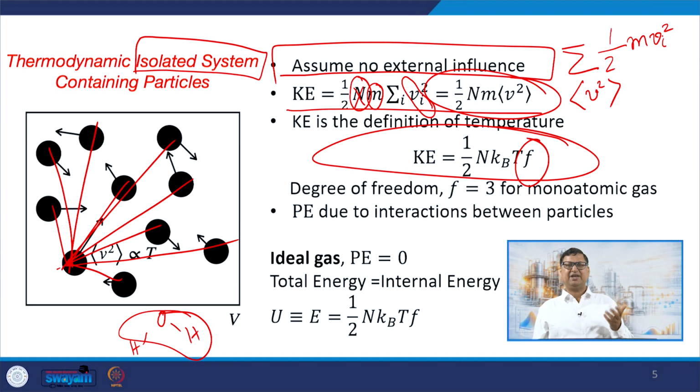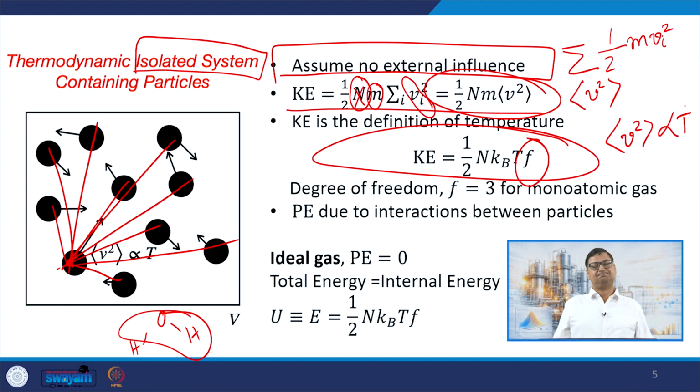For a monoatomic gas, the three movements possible are translation in the three directions, and that gives rise to something like 3/2 nkBT here. If it is diatomic, then it is 5/2, and if it is more complicated, you will have some other form, because the degree of freedom is changing here, right. But the key idea is that the average V square is proportional to temperature, right.